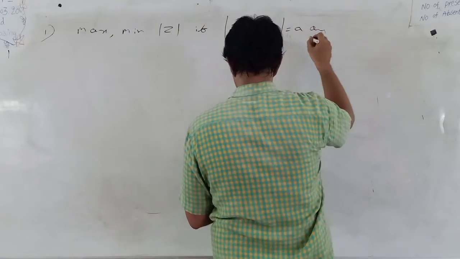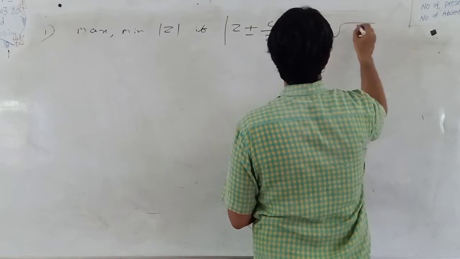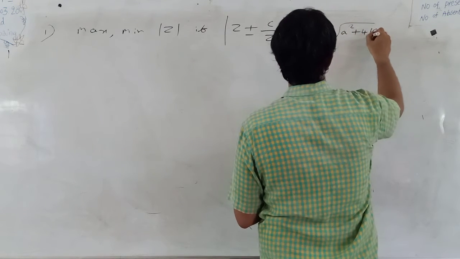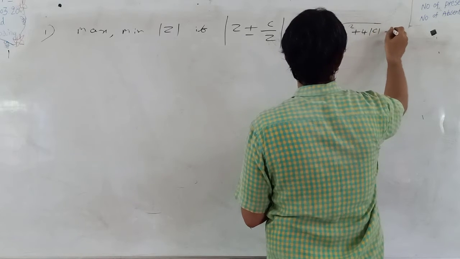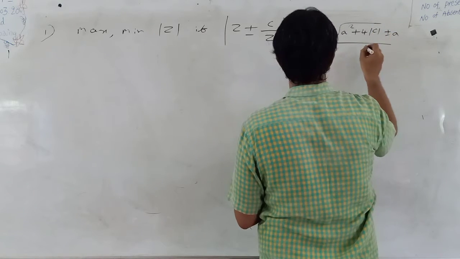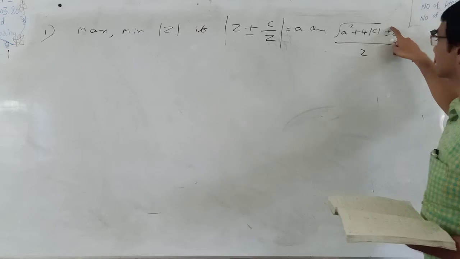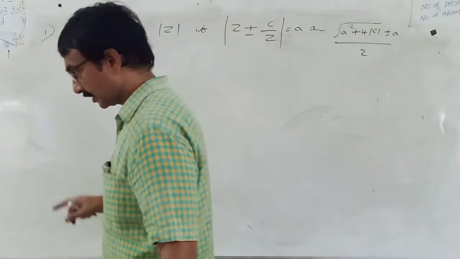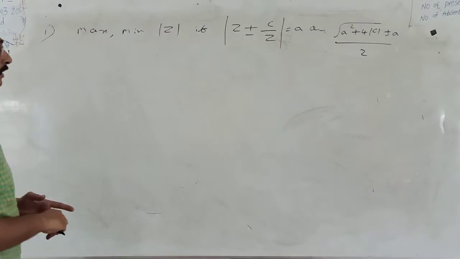Maximum and minimum values are root of a squared plus 4 into mod c, plus or minus a, by 2. So the plus case gives the maximum value, the minus case gives the minimum value. Learn this by heart.